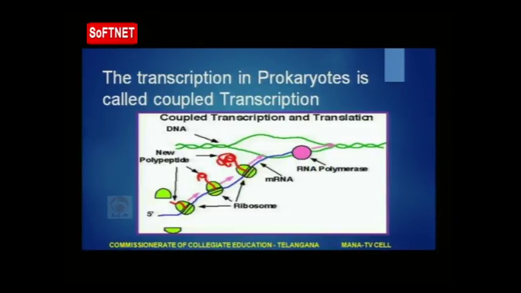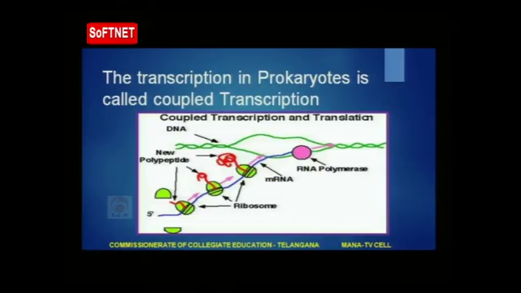Before the completion of transcription, the translation process occurs. Here you can see the transcription is still on, not yet over, but the ribosomes have started reading the message in the mRNA to produce the proteins. Transcription and translation are occurring simultaneously. That's why transcription in prokaryotes is called coupled transcription.